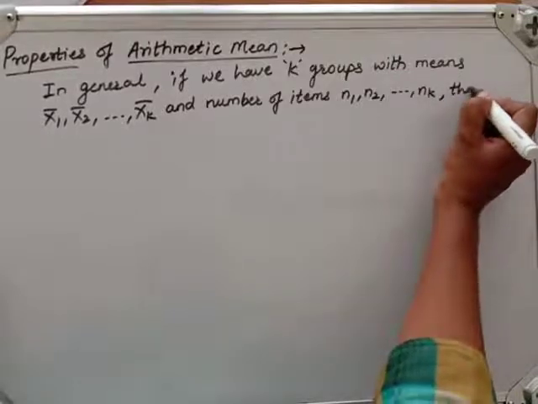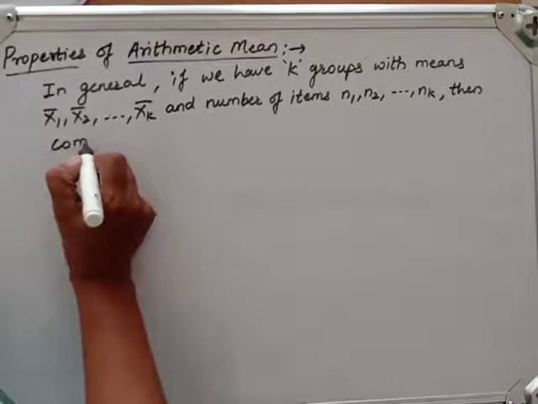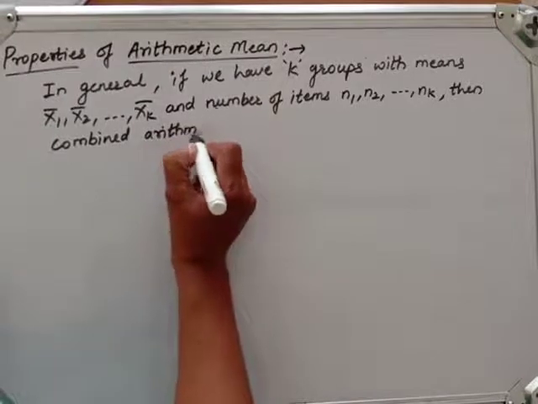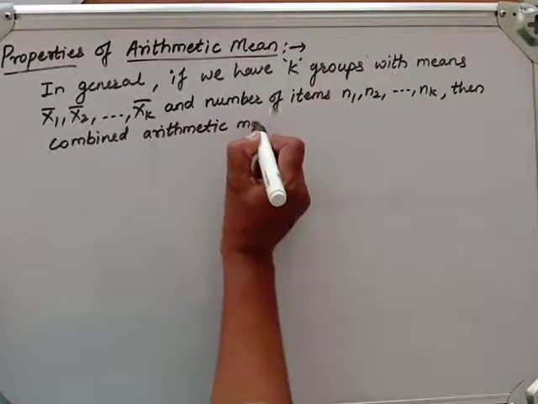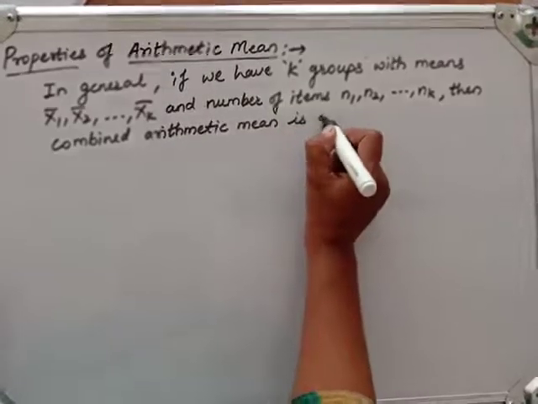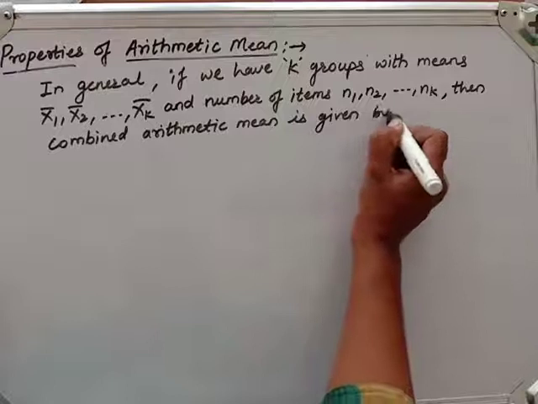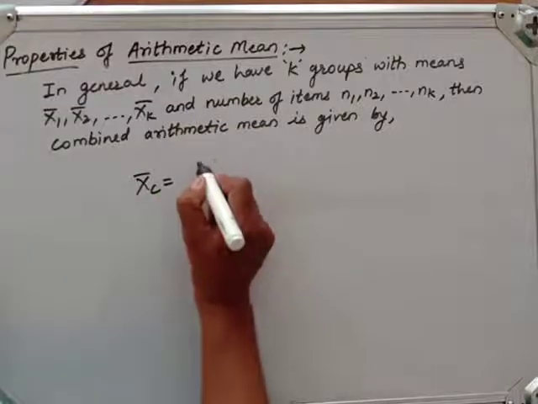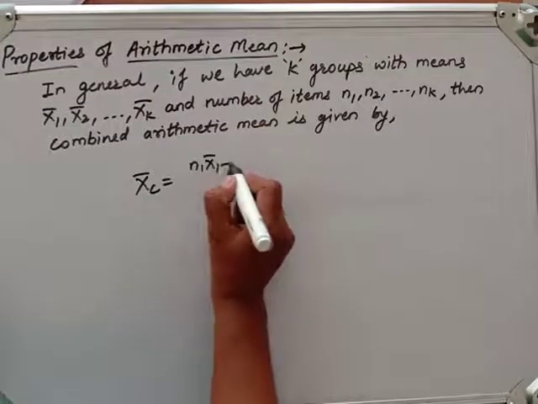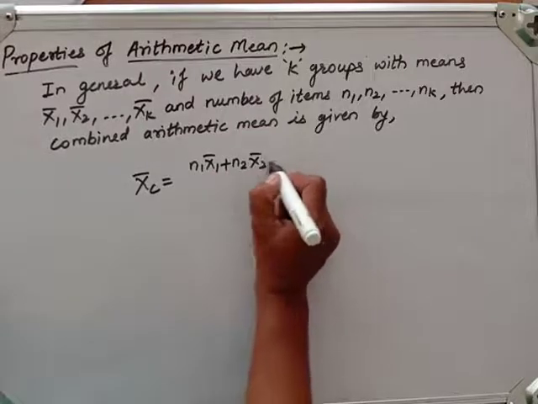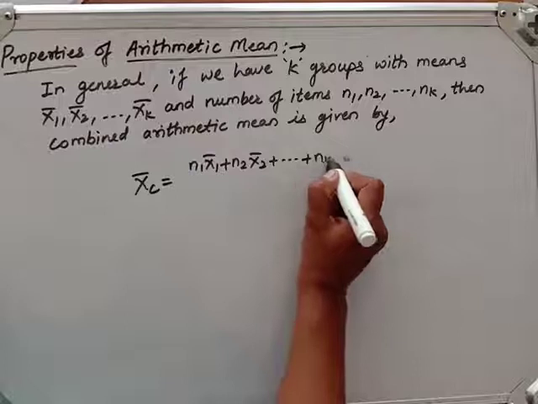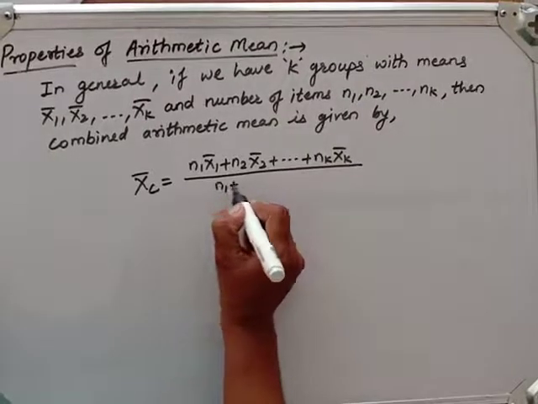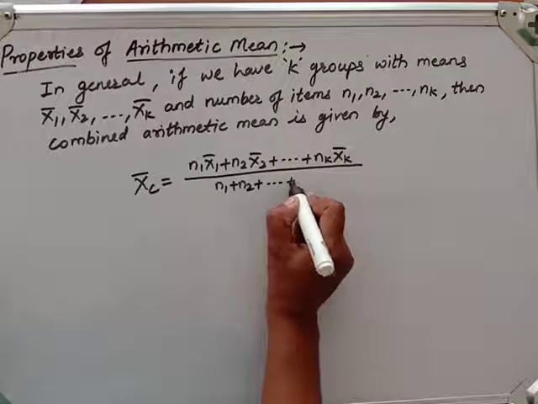Then the combined arithmetic mean is given by the formula: xc bar is equal to n1 x1 bar plus n2 x2 bar plus and so on up to nk xk bar, upon n1 plus n2 plus and so on up to nk.